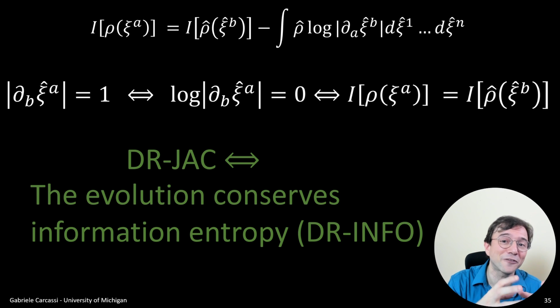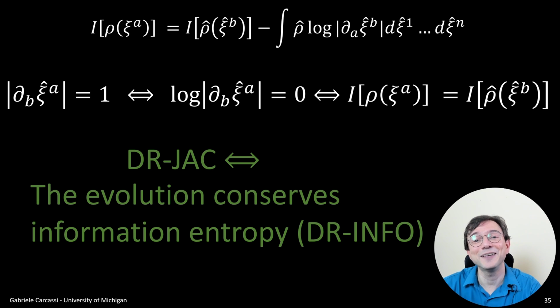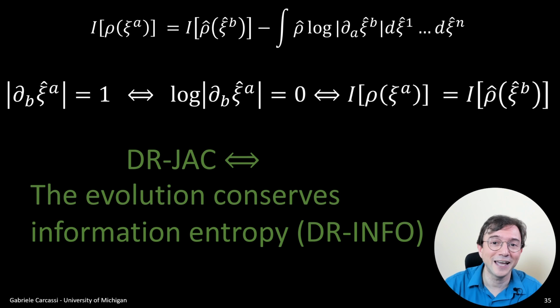So if I give you some information about the initial state, I'm going to give you exactly the same amount of information about the final state. And this also tells you why there is a connection between information theory and physics, because it really tells you how the entropy evolves through time. It tells you whether the system is deterministic and reversible, or how much it fails to be deterministic and reversible. So it's an important quantity in physics too.